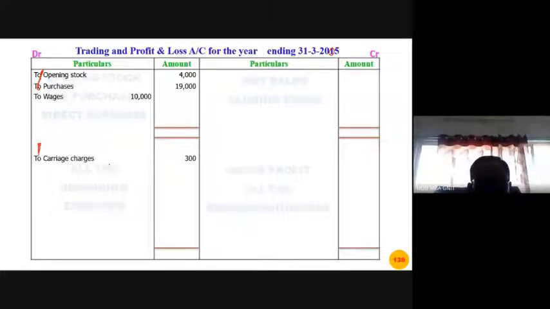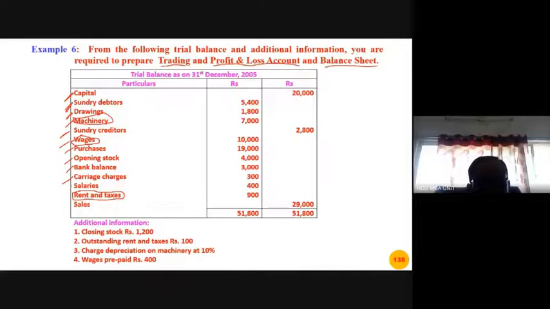Next, salaries. Salaries means the remuneration which is paid to employees who work in the office. See, wages is the direct expenditure that relates to the factory. Salaries is the indirect expenditure that relates to the office. It is not related to making the production. So salaries is taken on the debit side of profit and loss account.